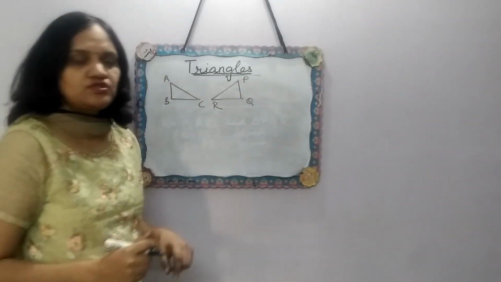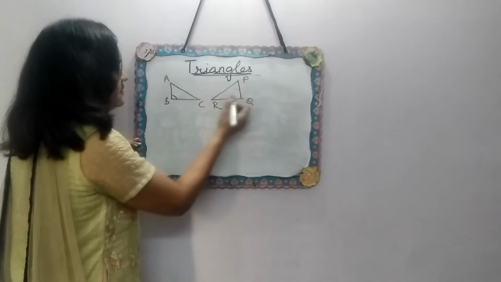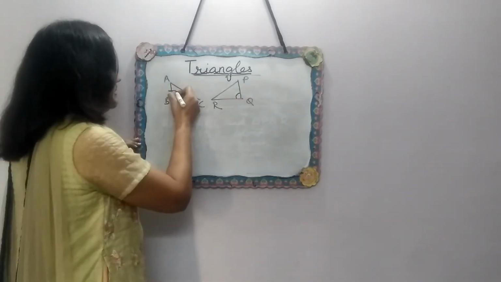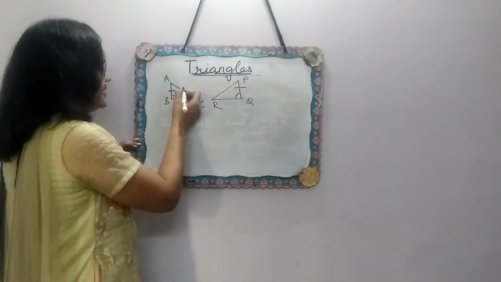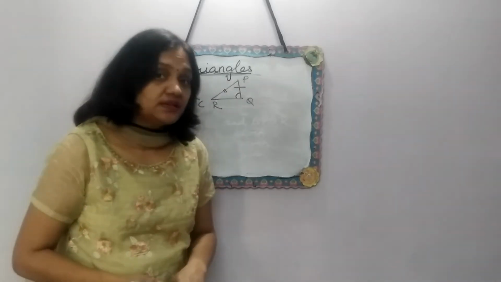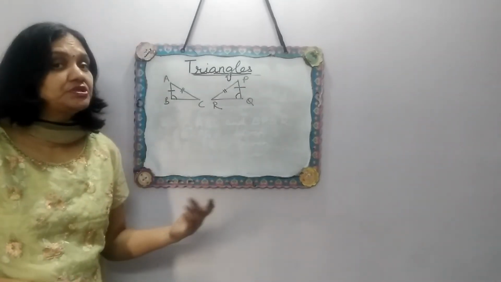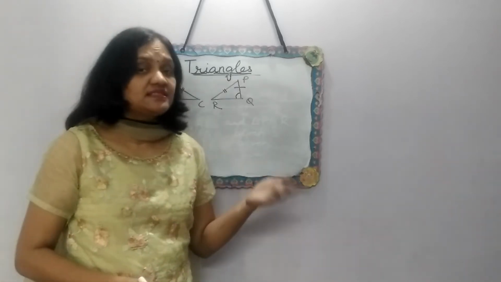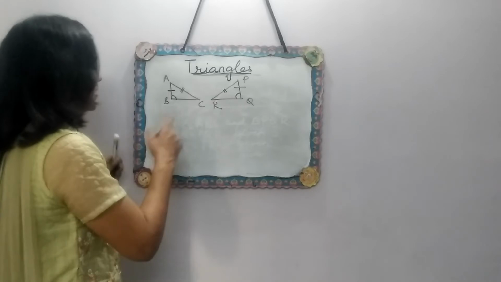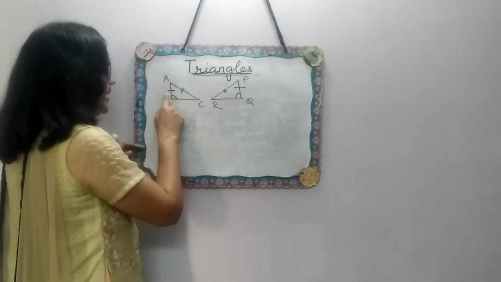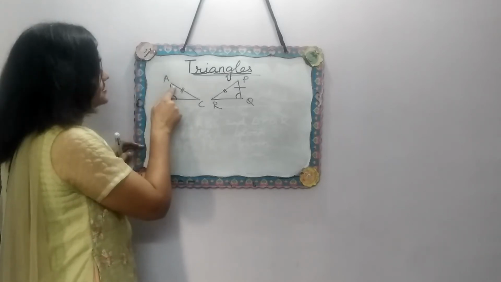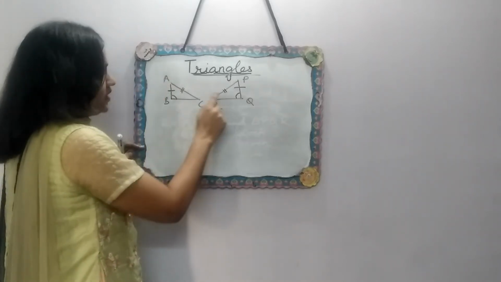Okay, now in these two triangles, if it is given that angle B is equal to angle Q and it is given AB is equal to PQ and AC is equal to PR, then it is not necessary that the two triangles will be congruent. This is not sufficient to say that the two triangles are congruent, because you can see that AB and AC are meeting at A. So A is the included angle over here.